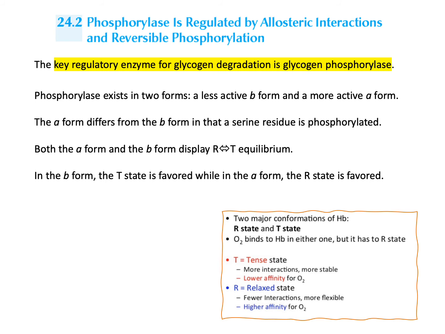Recall that the T state is the tense state, with more interactions, more stable, lower affinity for oxygen, while the R state is the relaxed state, has fewer interactions, more flexible, higher affinity for oxygen.